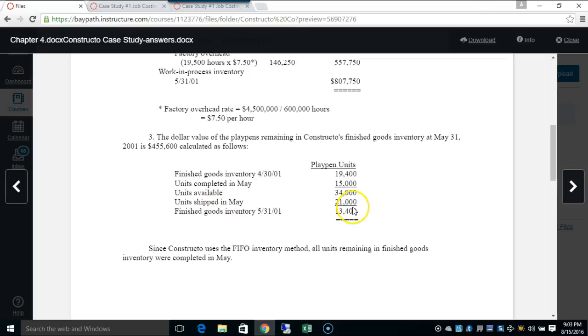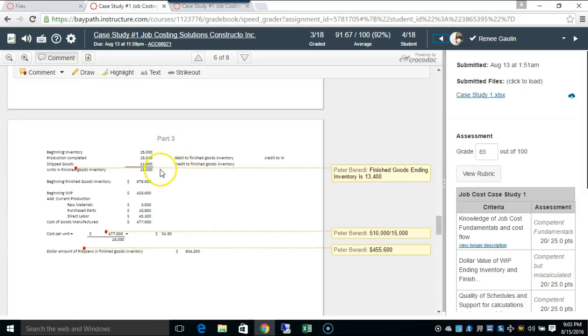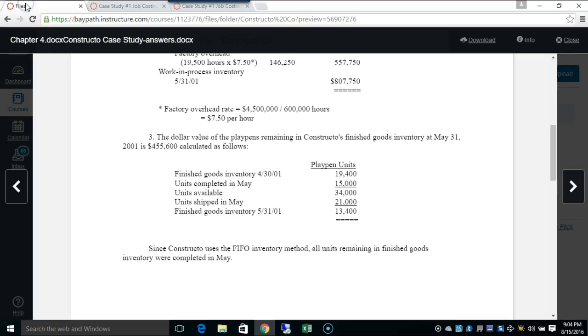Units shipped in May were 21,000, which leaves you a finished goods inventory in units of 13,400. So you took 25,000. You correctly identified production completed, shipped goods of 21,000 units, and finished goods inventory at 19,000, when it should have been 13,400.